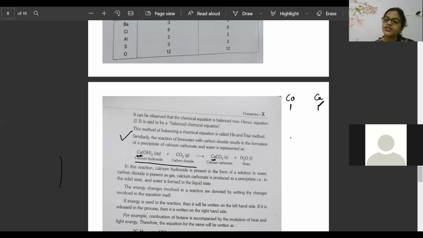Left hand side, everyone is telling 4. Why, beta? Because here oxygen is 2, here oxygen is 2. 2 ones are 2, 2 plus 2, 4. So this side oxygen number is 4. This side oxygen number is 3 plus 1, 4.